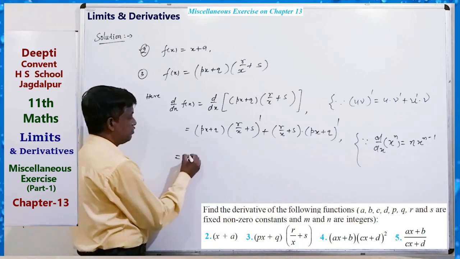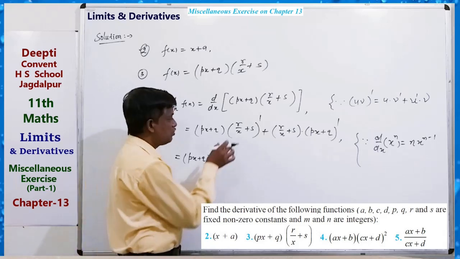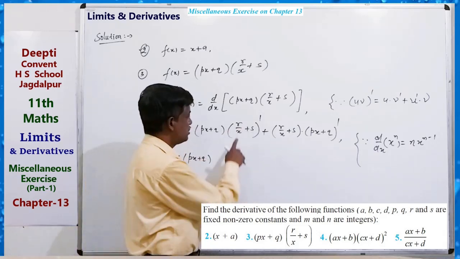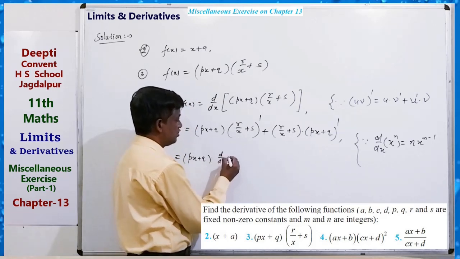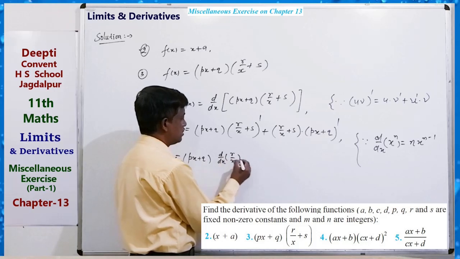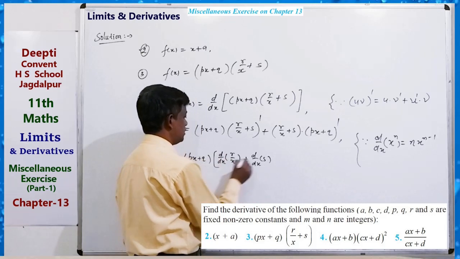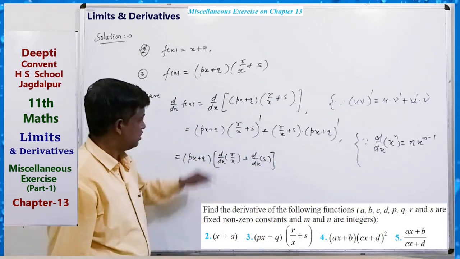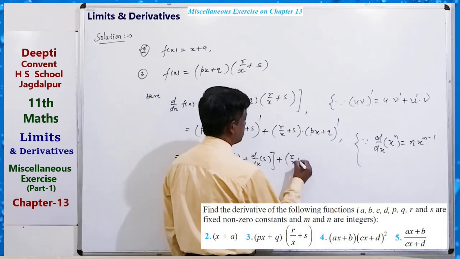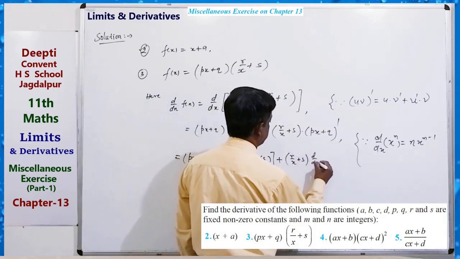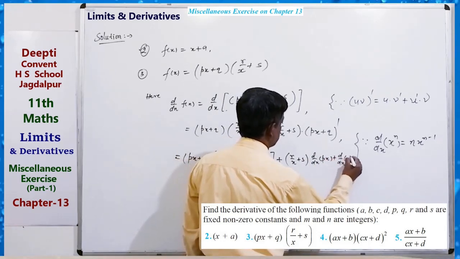Now here (px + q) into the derivative, the differentiation of these two parts, because they are the parts. So the derivative of r by x plus the derivative of s. Here also (r by x + s) into d by dx of px plus d by dx of q.